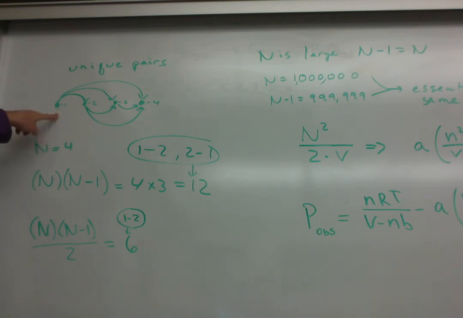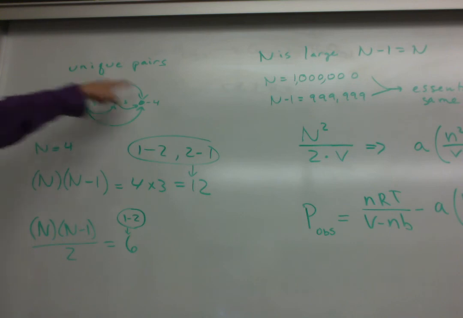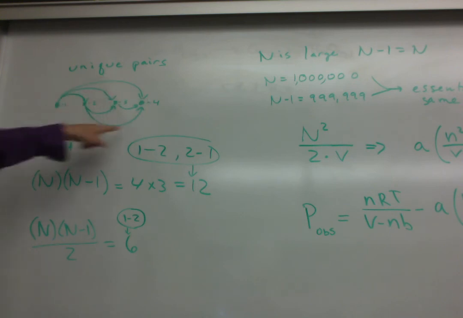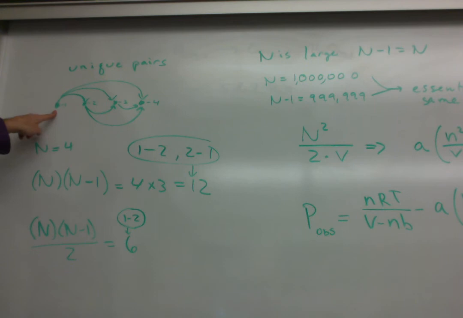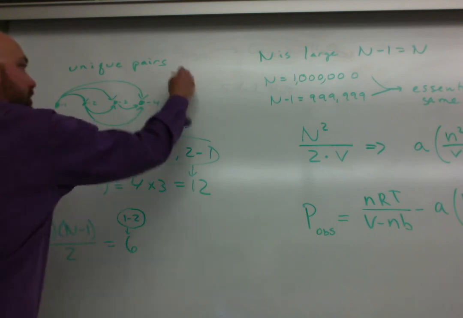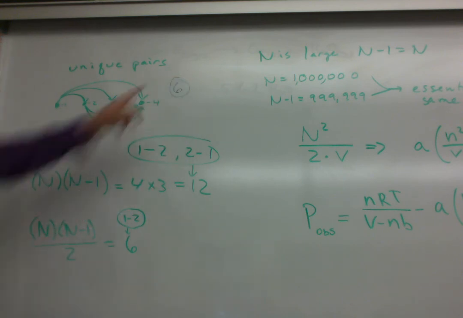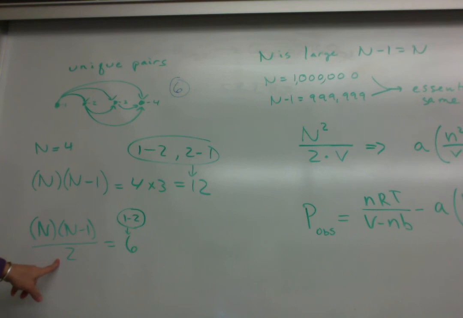And that's what we did up here. Particle 1 with 2, 1 with 3, 1 with 4, 2 and 3, 2 and 4, not counting 2 and 1 because that's already been done. And then 3 and 4. So that's 6 possible combinations. That matches this down here.